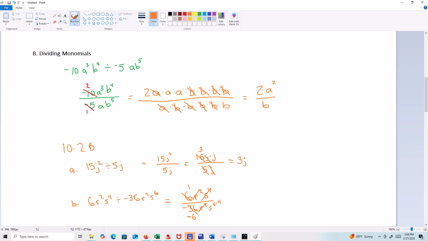So I'm going to end up with s squared down here. I can just go 6 minus 4. So that leaves me with 1 over negative 6s squared. And don't forget your sign. All right, that's it. Good luck with your homework.